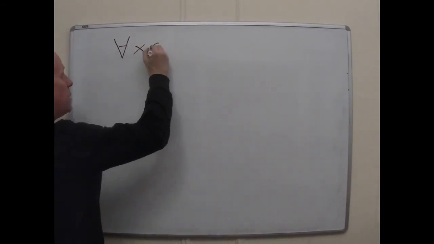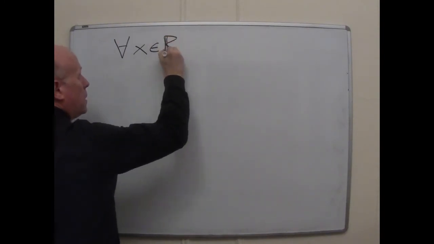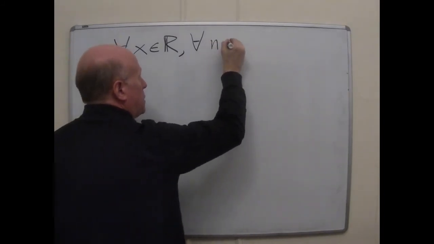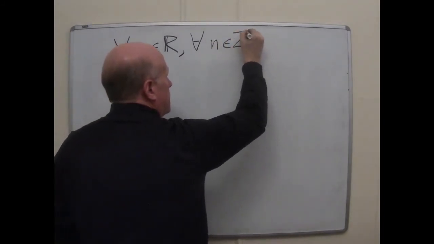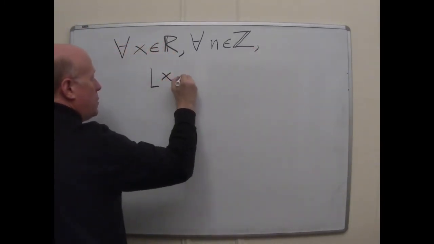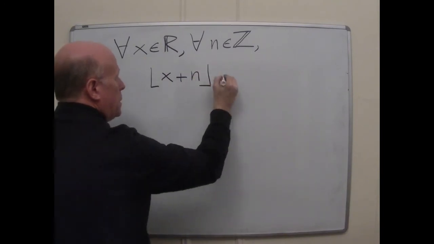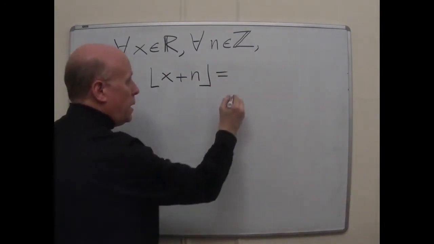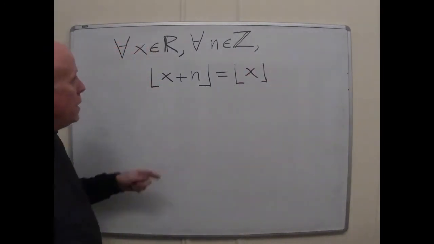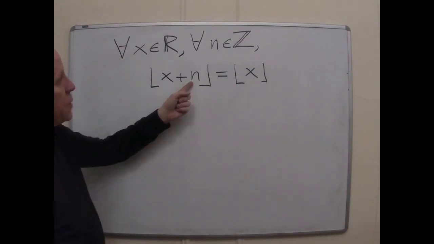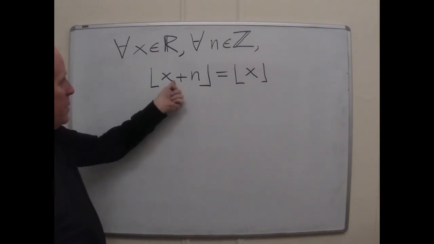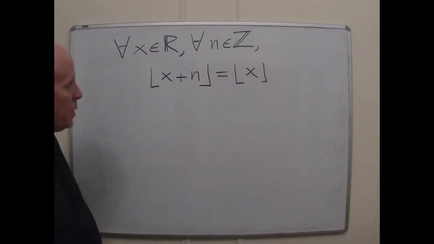For all x in the real numbers, and for all, let's call it n in the integers, the floor of the sum of those two things is equal to, this is actually very similar to a proof I had you guys try to do yourselves on the last worksheet, the floor of x plus n. Since n is an integer, all the rounding down that's going to happen is coming from whatever's after the decimal point in x.